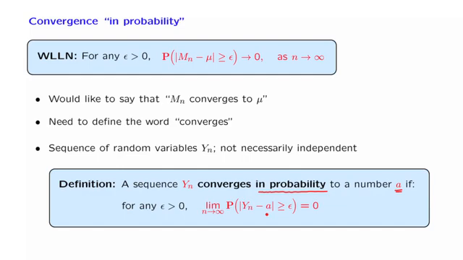This is the notion of convergence that we have defined, and notice that it corresponds exactly to what is happening in the weak law of large numbers. So in particular we can describe the weak law of large numbers as saying that Mn, the sample mean, converges to mu as n goes to infinity, but in a particular sense, in the sense of convergence in probability.